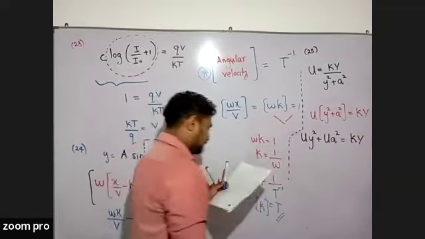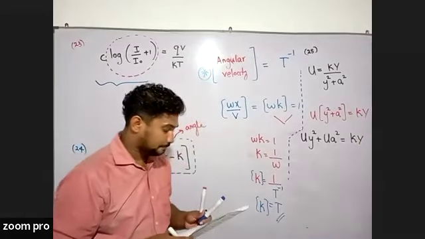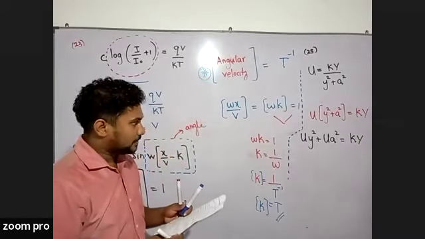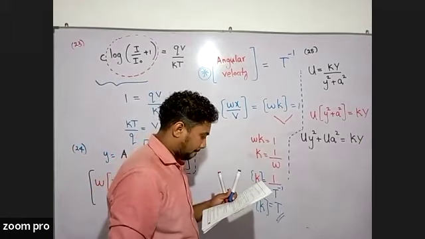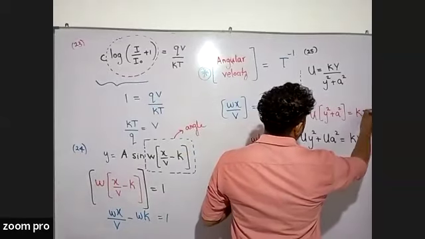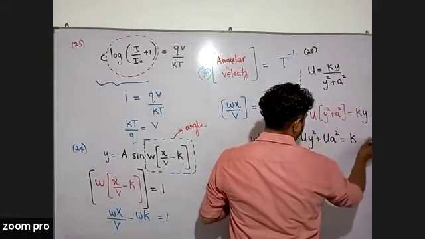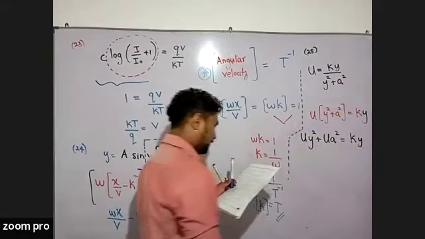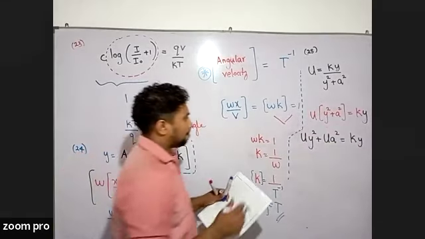Right. So now the purpose of this equation is to find the dimensions of k. Now y represents the displacement. So both sides we mention the y, isn't it? Y is the displacement, A is the amplitude, right?